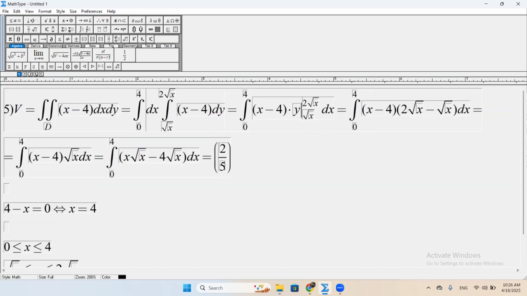So 2 over 5 x squared by square root of x minus 8 over 3 x square root of x, and from 0 to 4.